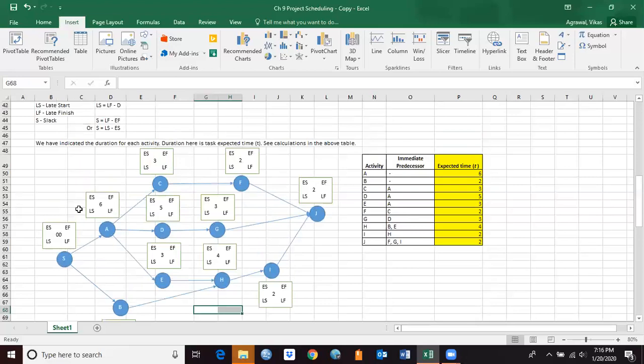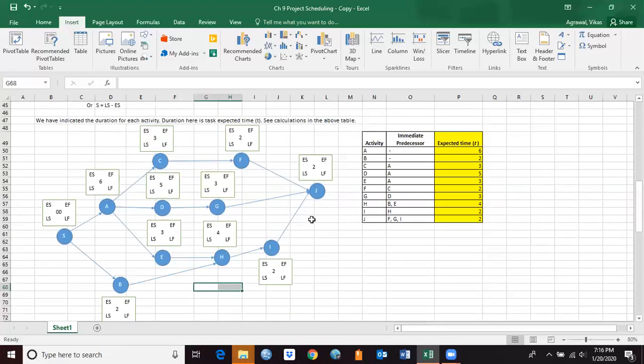We are going to have two passes. One is the forward pass, which goes from left to right, and the second is the backward pass, which goes from right to left. First we're going to do the forward pass. In the forward pass, we'll calculate values for ES and EF, and once we are done, we're going to start our backward pass and do the calculation for LF and LS.